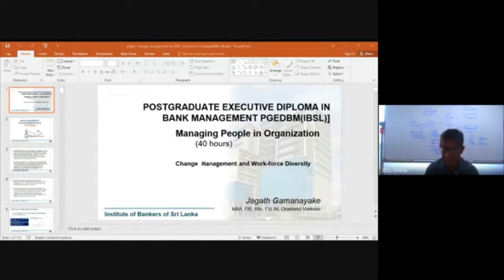Earlier, under force field analysis, the point was that for change to take place you must have stronger driving forces than restraining forces. The first method we discussed was strategic planning, the second is force field analysis, and the third we are discussing now is the three-stage model developed by Kurt Lewin.